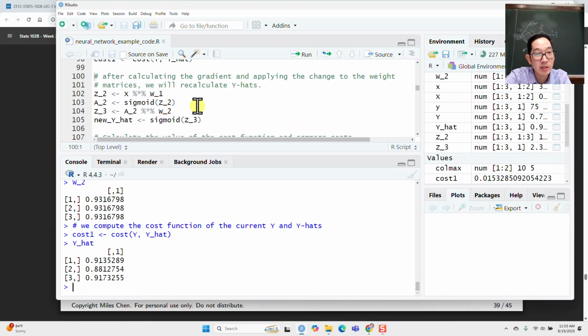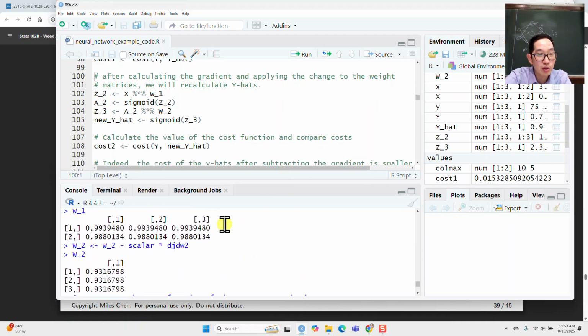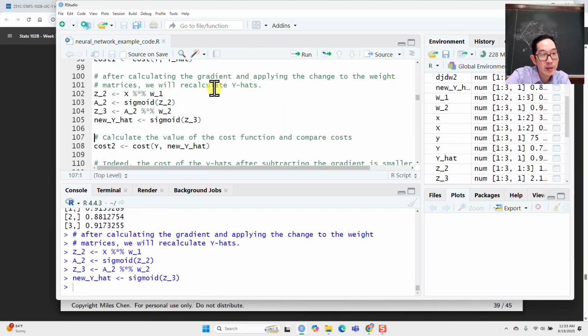Now that I've recomputed my W1 and W2 values, do my predictions get better? So I'll take X, with my new W1 value, and do forward feed. X times W1, sigmoid applied to that, those activated values times W2, and then a sigmoid applied to that. So these are my new predicted values.